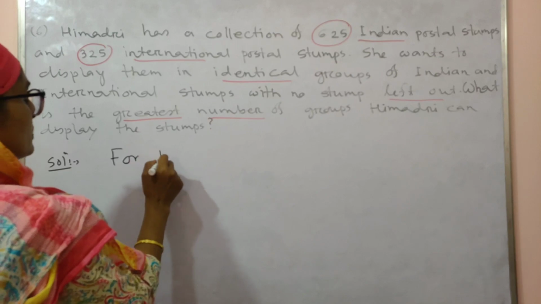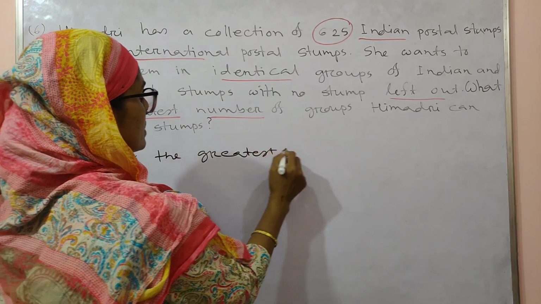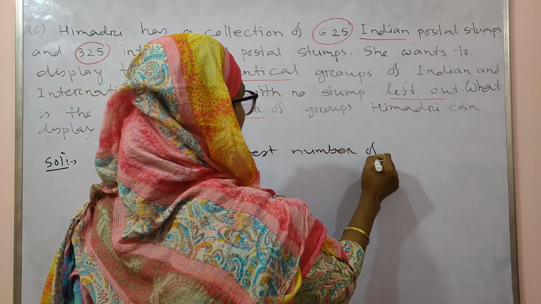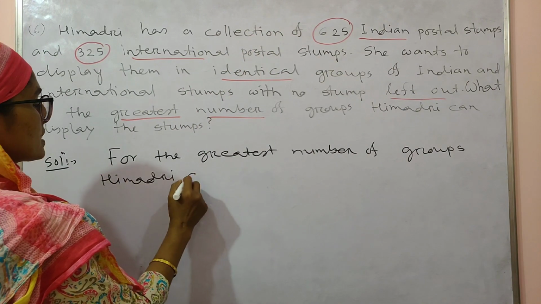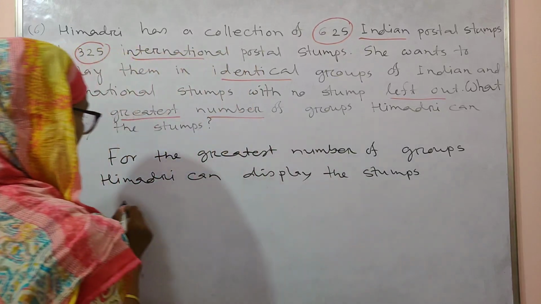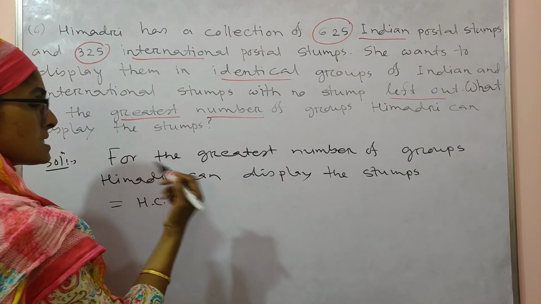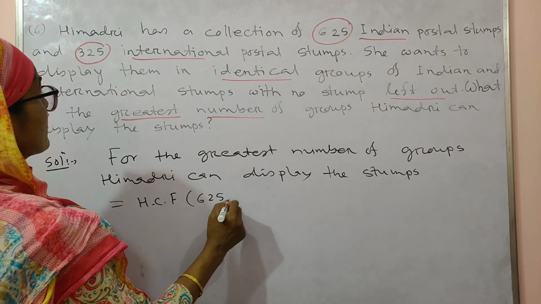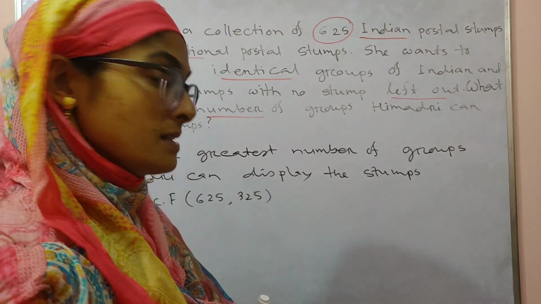For the greatest number of groups in which Himadri can display the stamps, it is equal to the HCF. You can add in this also: HCF of 625 and 325, or GCD. You can add GCD also.